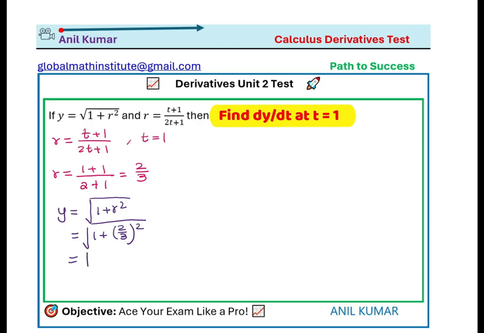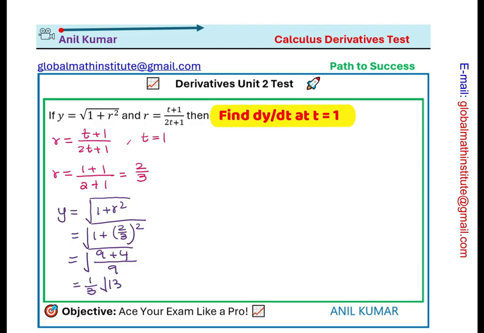So with 9 as the common denominator, we get 9 plus 4. So y becomes the square root of 13 over 9, which is square root of 13 over 3, so 1/3 of the square root of 13. Makes sense. So we have the y value also, correct?